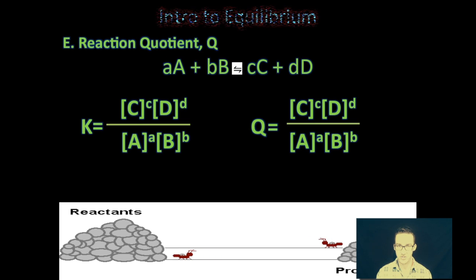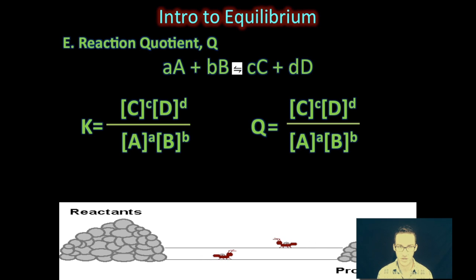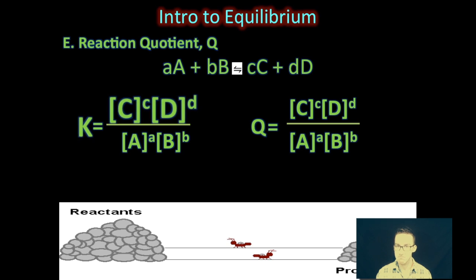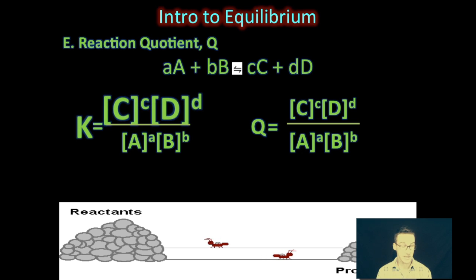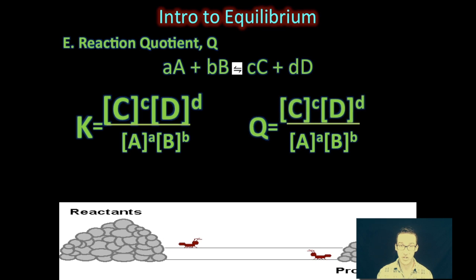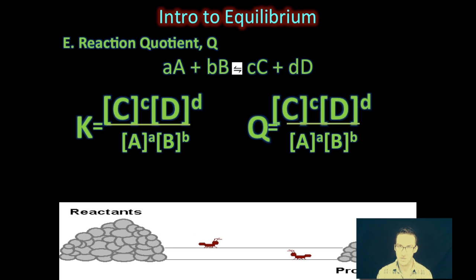So here's just an expression showing you the relationship between Q and K. If you've got, for example, a large K value and a lot of product at equilibrium, and Q matches that K value, well, that means that you are at equilibrium. And so when you measured those concentrations, they were essentially equivalent to the concentrations at equilibrium.